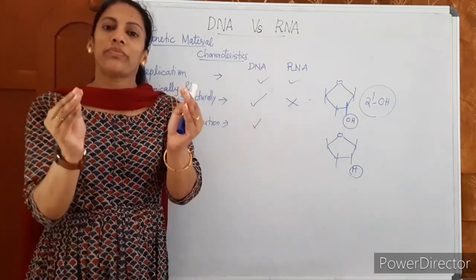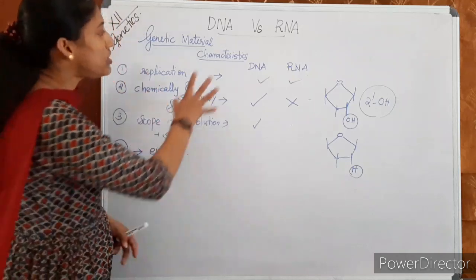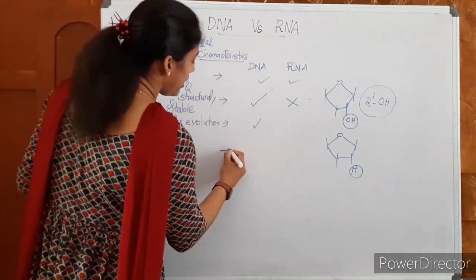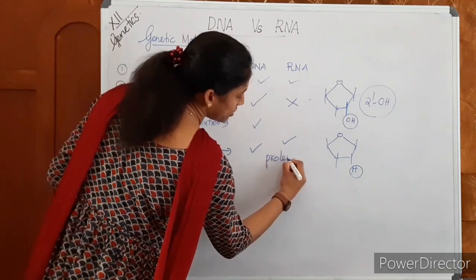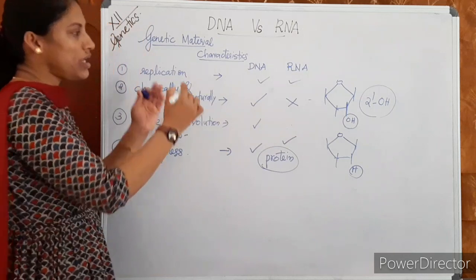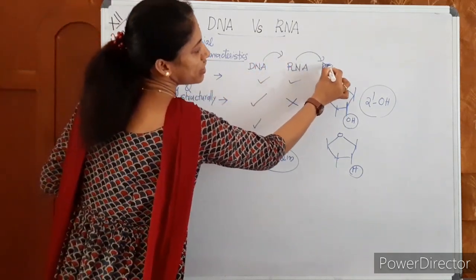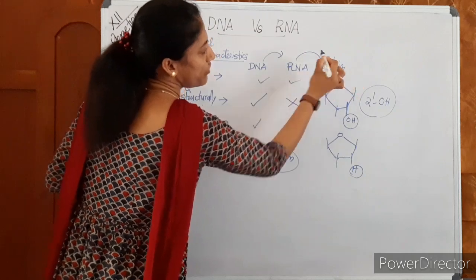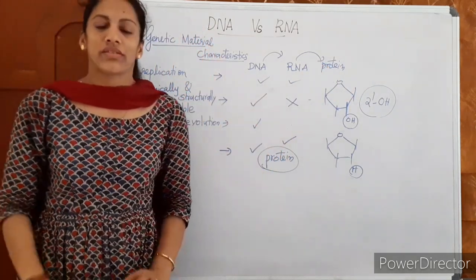So it should be able to express in the form of a character. Both DNA and RNA are able to express by producing protein. RNA can directly form protein; DNA can first form RNA and then form protein. Anyway, this is what we discuss about DNA versus RNA.